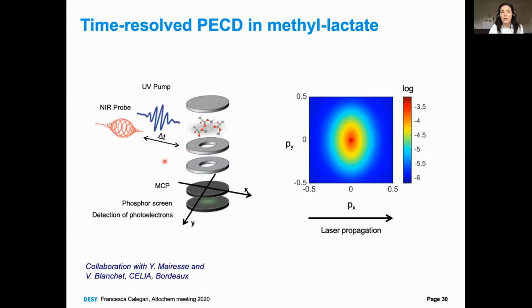Then we send the UV pump, as I said, to excite the molecule, and the probe pulse has been properly manipulated in polarization in order to obtain circular polarization, which is necessary to probe the chirality, as I was explaining. And we were measuring in the velocity map imaging spectrometer the momentum distribution of the photoelectron, as you can see here.